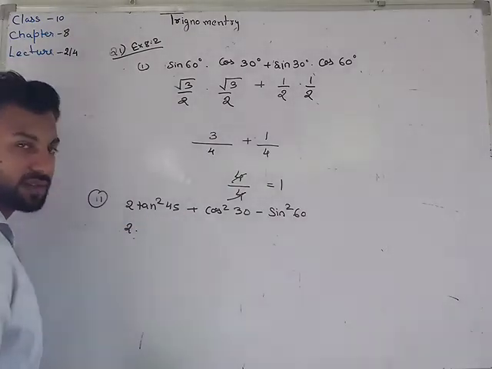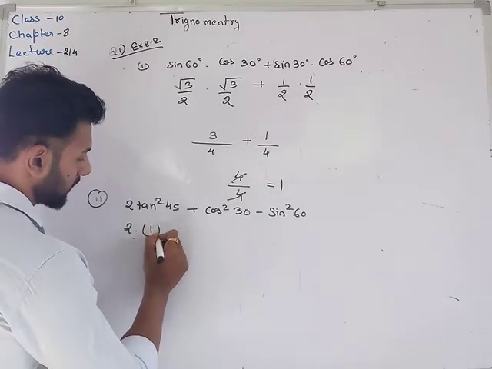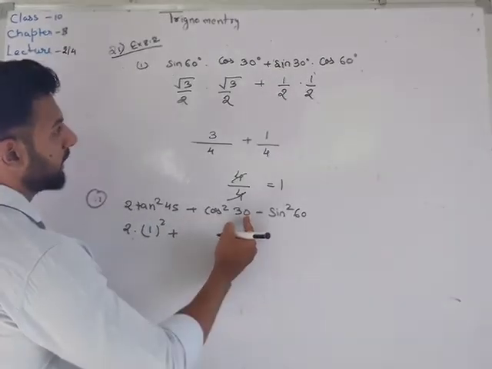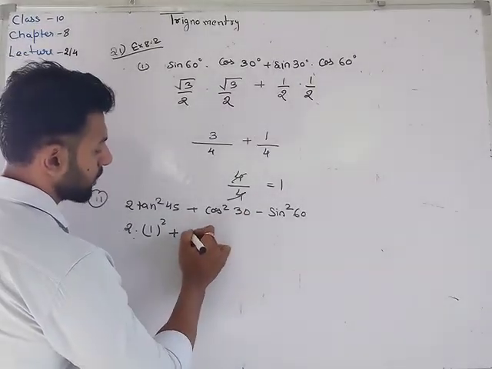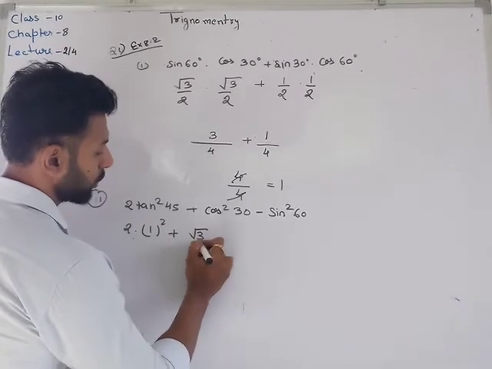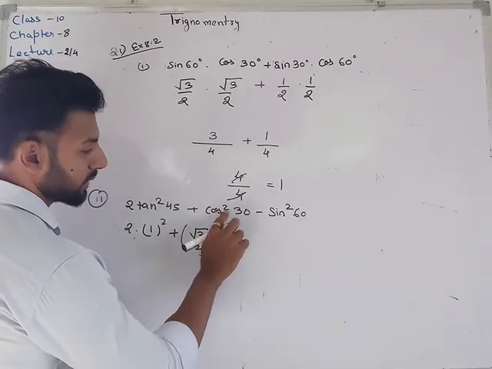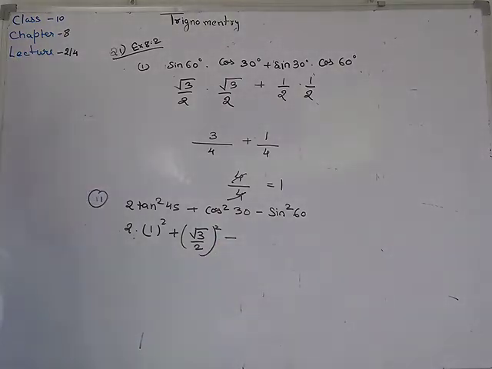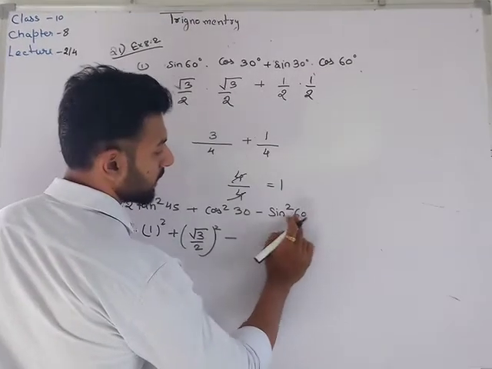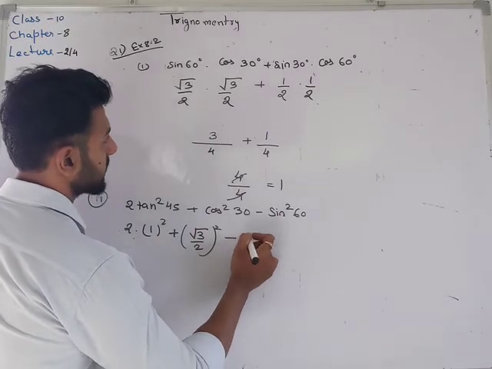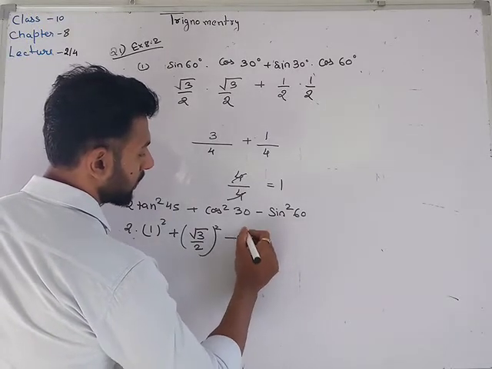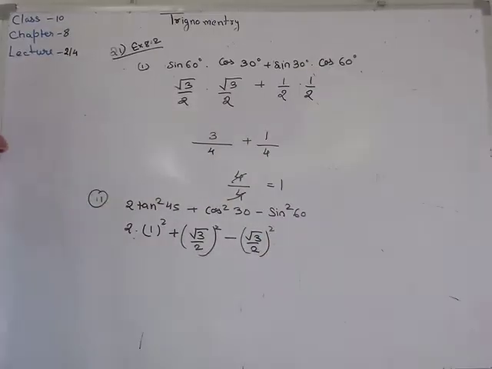Tan 45 is 1 and square. Now cos 30 degree is root 3 by 2 and we have to take the square value. Minus sin square 60. Sin 60 is root 3 by 2 and square term.